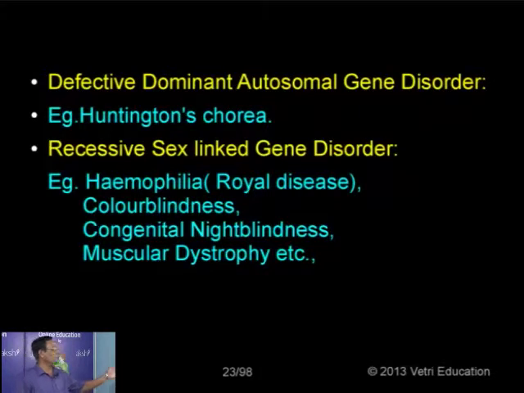Now let us pass on to a disease caused by a dominant gene located in the autosomes, the defective dominant autosomal gene disorder. We have many diseases, or even conditions. Some people have two fingers or two toes joined together.